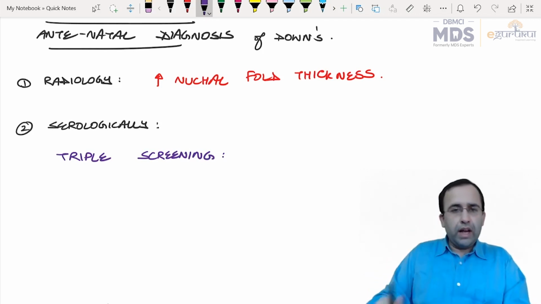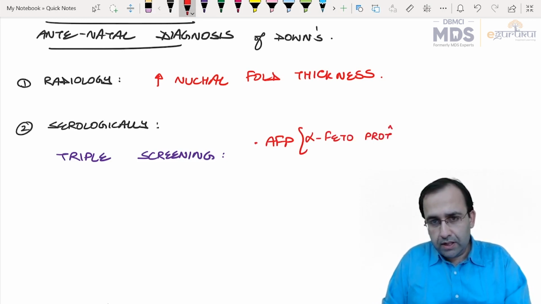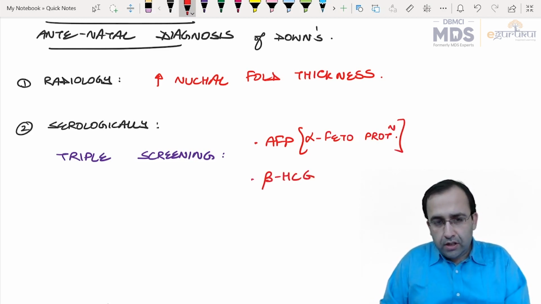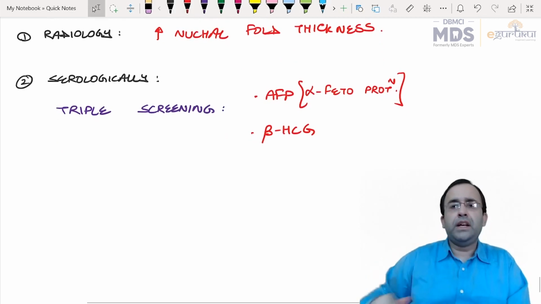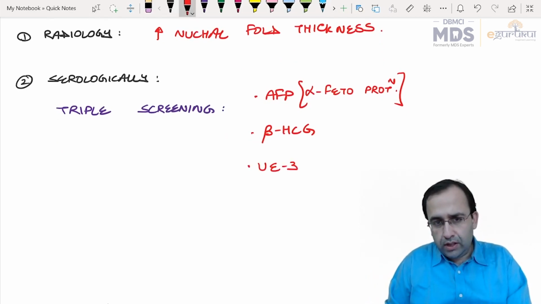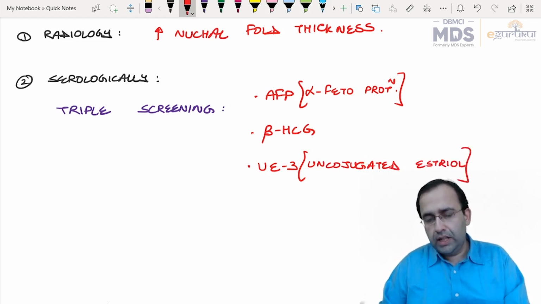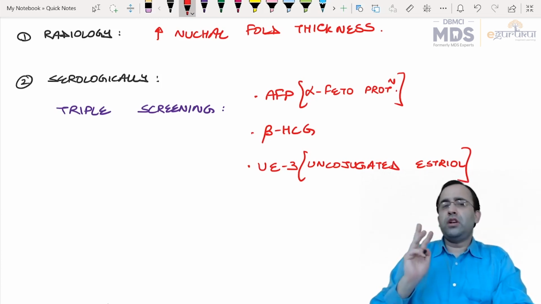In triple screening, we look at three markers: AFP, alpha fetoprotein; beta HCG, that is beta human chorionic gonadotropin; and UE3, that is unconjugated estriol.